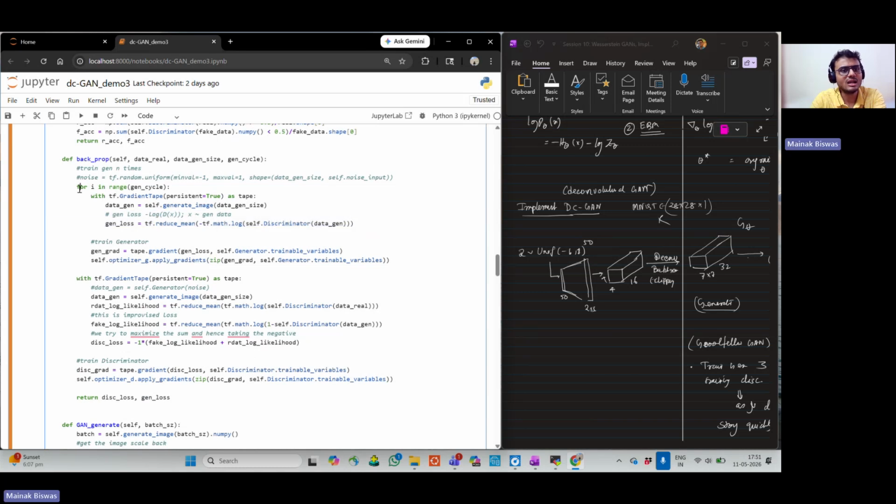And now I do multiple cycles of generator loss, followed by one cycle of discriminator loss, where I generate one set of fake data and use a real data set as well.